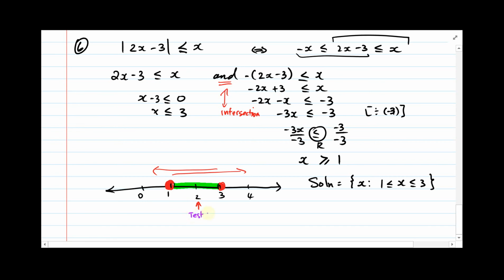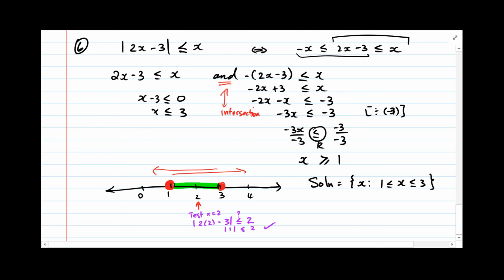A good test value would be x equal to 2. If I put it in the original inequality, I end up with the absolute value of 2 times 2 minus 3. Is this less than or equal to 2? And the answer is the absolute value of 1 is less than or equal to 2.